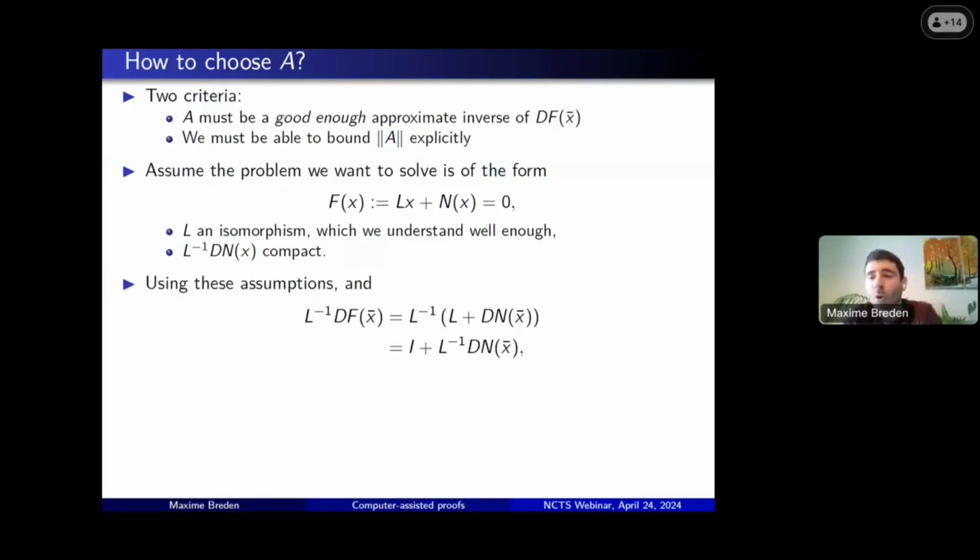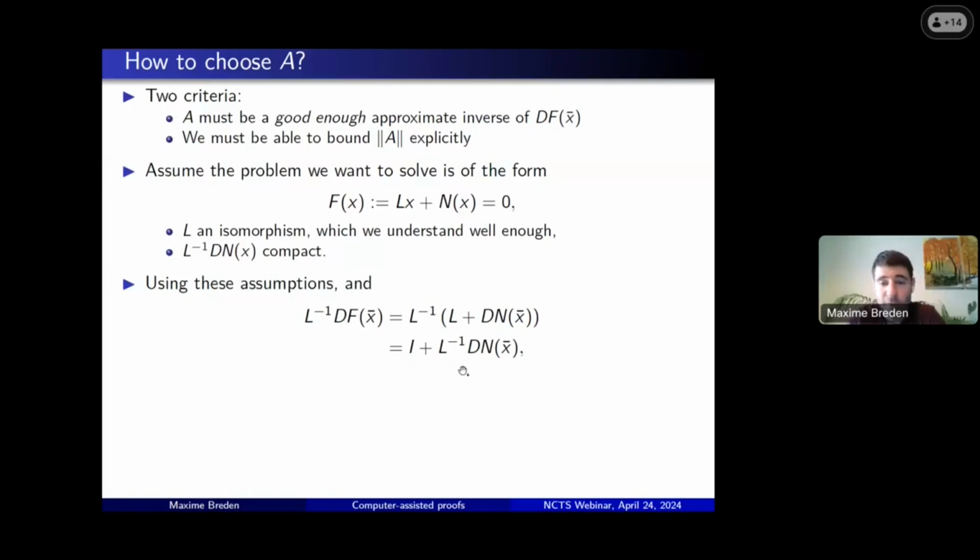This is an easy computation, and I get identity plus this term. Of course, if this was small, I would have won. If this is small, then I have a good approximate inverse, but I don't want to assume this is small, because that is like assuming N is small, an arbitrarily small nonlinearity. Of course, in some cases you can do that, but it's not very general.